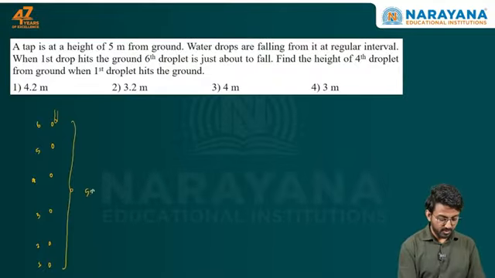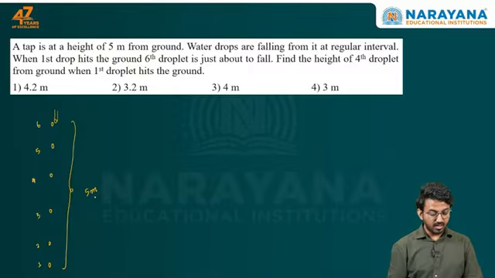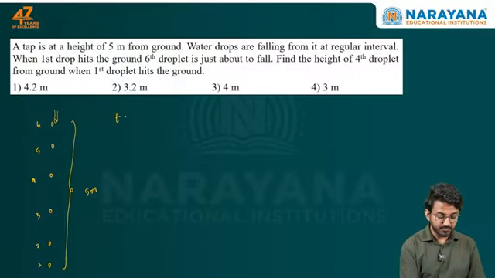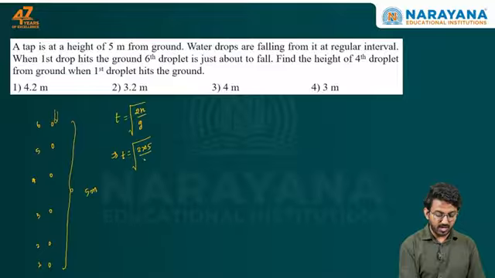and the height given here is 5 meter. From this we can see that the time taken for the first drop to fall is equal to root 2h over g, giving us t is equal to square root of 2 times 5 over g, which is 10 here, giving us t is equal to 1 second.